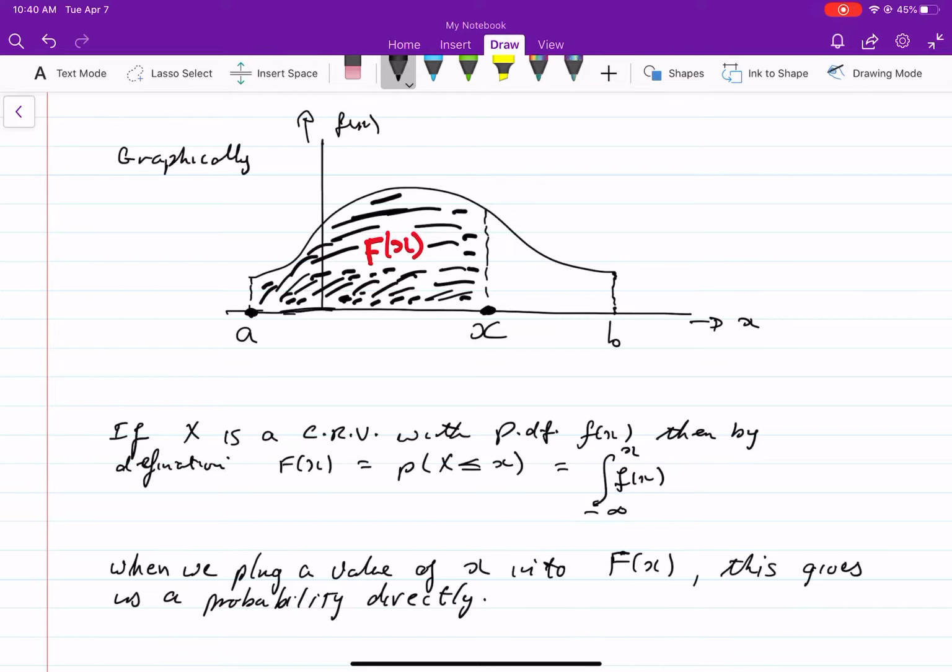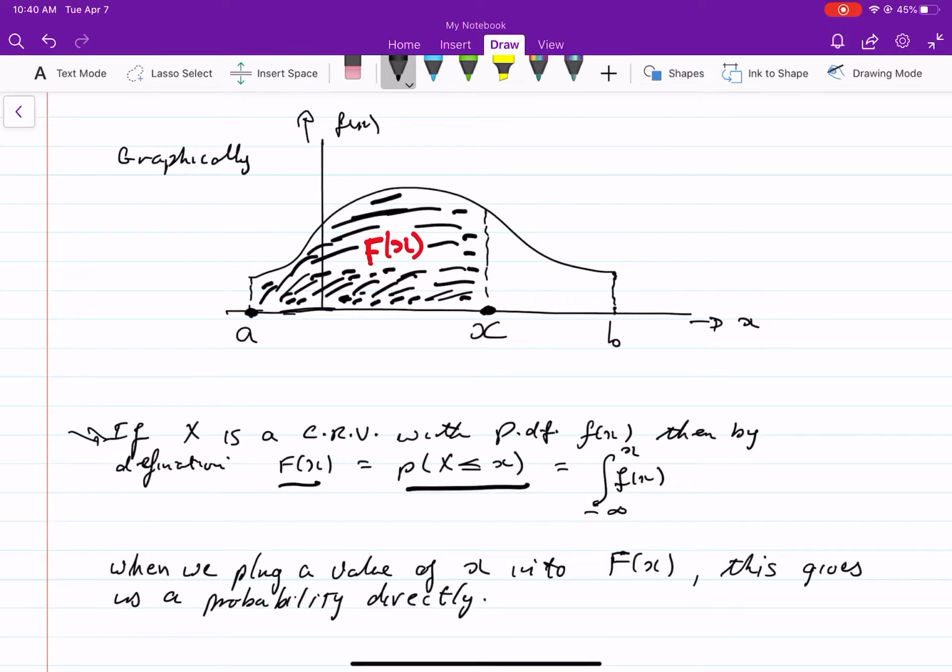So as I've written here, if x is a continuous random variable with PDF small f of x, then by definition, big F of x right there is equal to the probability that x is less than or equal to x. And how do you find the probability x is less than or equal to x? You integrate from the smallest value of x, minus infinity, to that generic x.